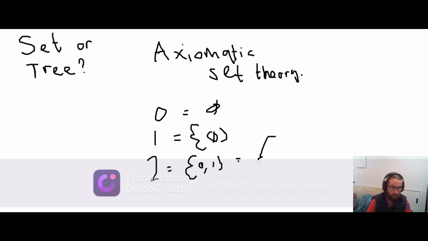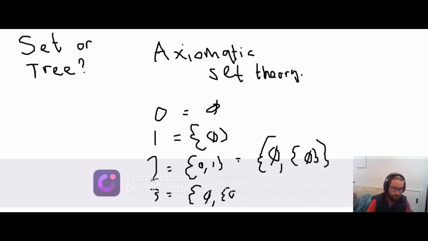So this would be an empty set and then a set with an empty set. 3 would then be a set of 0, 1, and 2. So it would be the empty set, and then the set with the empty set, and then the set with the empty set and the set with the empty set.